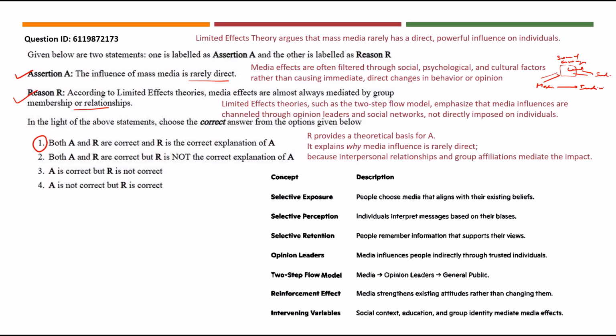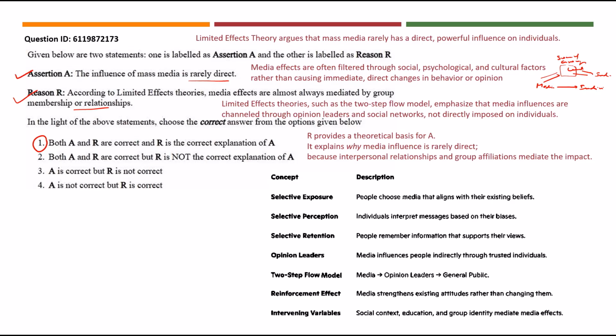Selective exposure means people choose media that aligns with their existing beliefs. Selective perception: individuals interpret messages based on their biases, their mindset. Selective retention means people remember information that supports their views. In fact, we remember the names of people whom we think support us. The rest of the people we don't even remember.